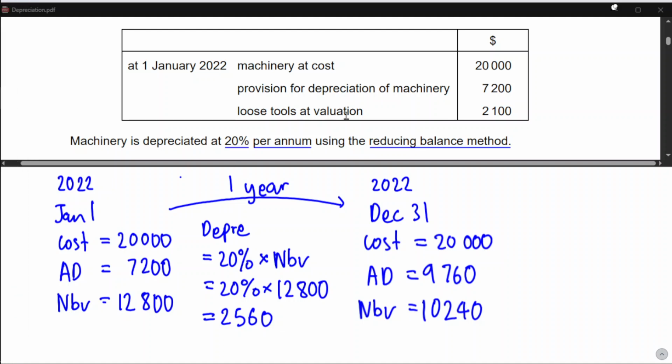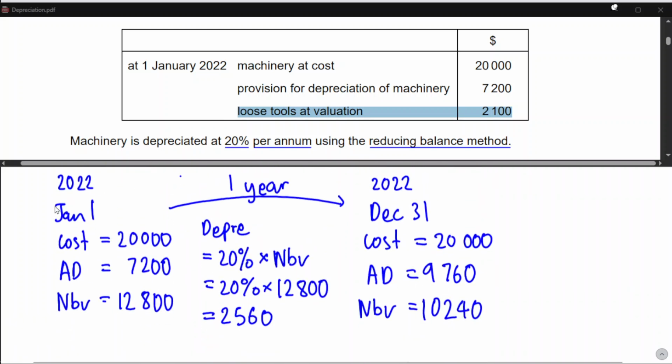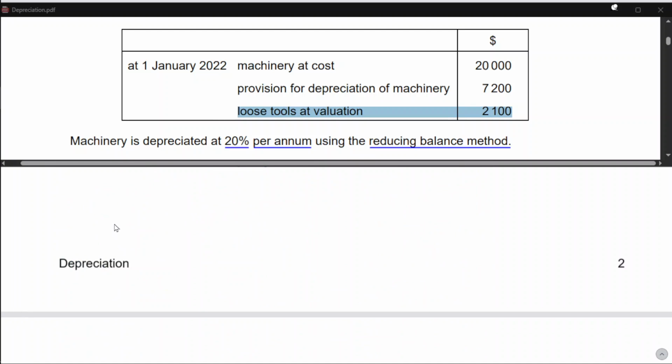Okay. So now let's go to this one, question two. Okay, I will scroll down. So now we are doing question two.